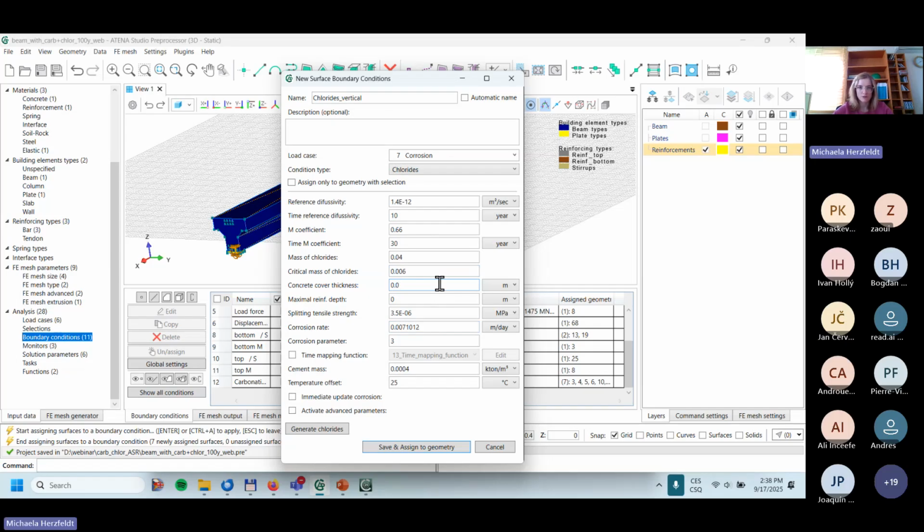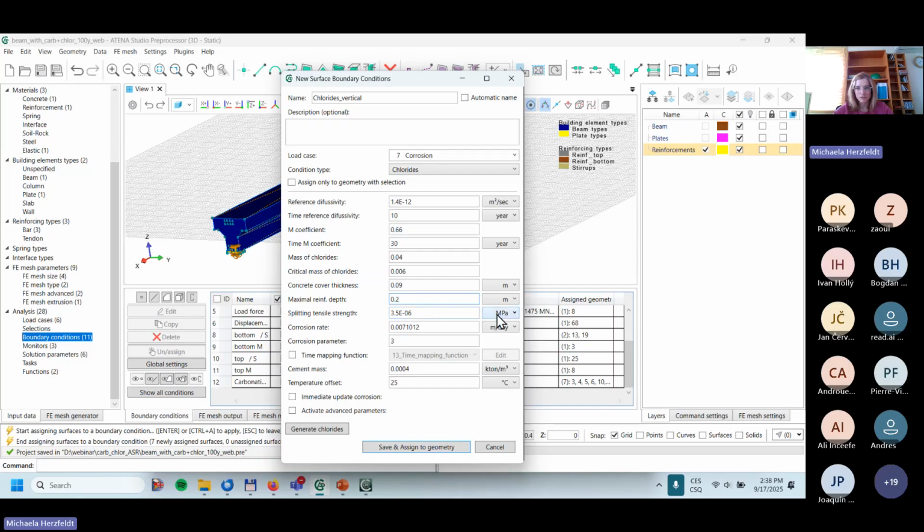So for this vertical condition, I will assume that it's a little bit thicker concrete cover. This one is, again, as I mentioned in the carbonation boundary condition, important that ATENA is searching deep enough for the reinforcement.